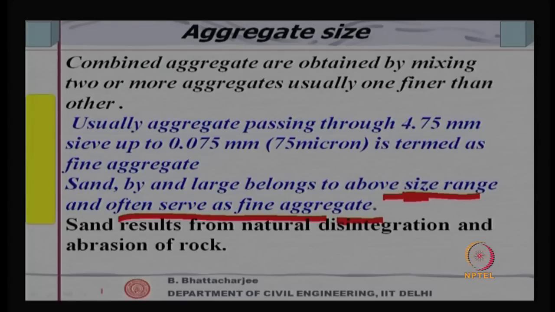Silt and clay are finer than this size, as you know. And sand of course results from natural disintegration by wind, rain, etc., and abrasion of rocks.